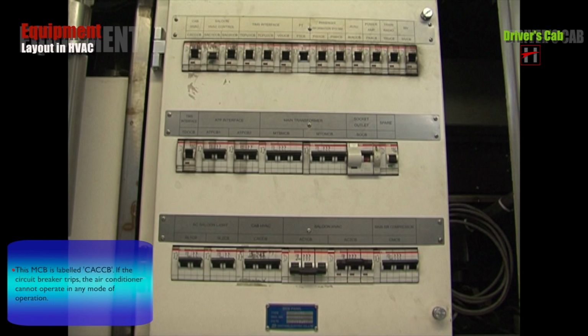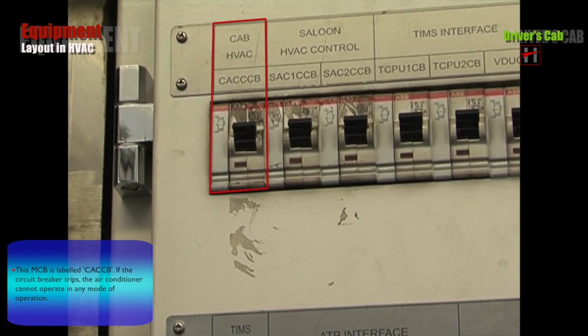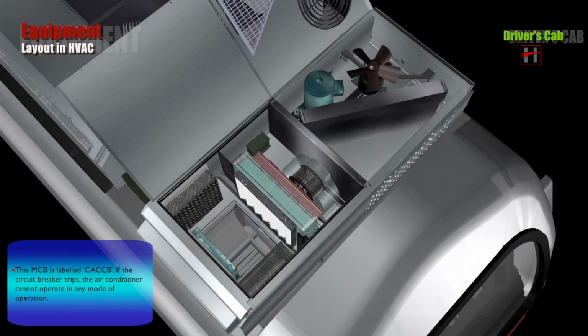This MCB is labeled CACCCB. If the circuit breaker trips, the air conditioner cannot operate in any mode of operation. In addition, it will no longer communicate with the TIMS and it will be reported as unavailable on the TIMS HVAC screen.